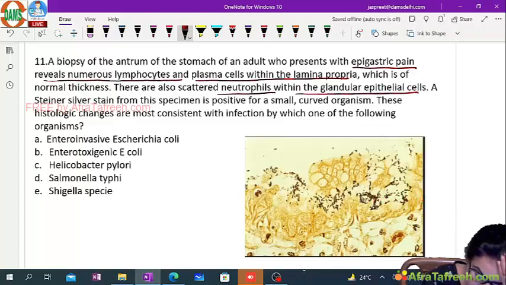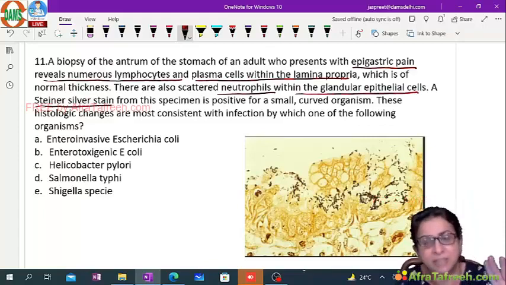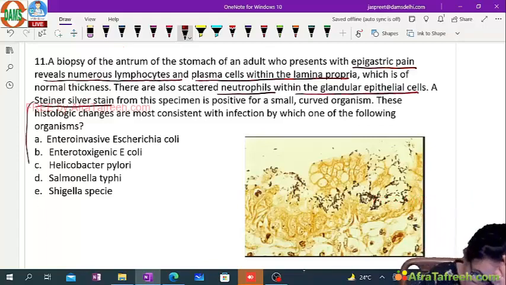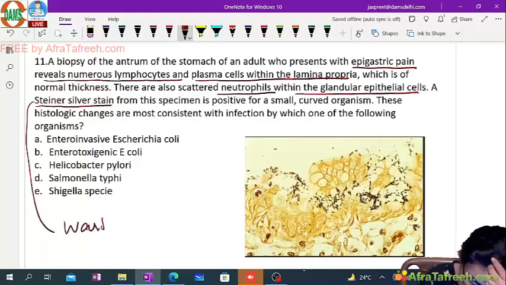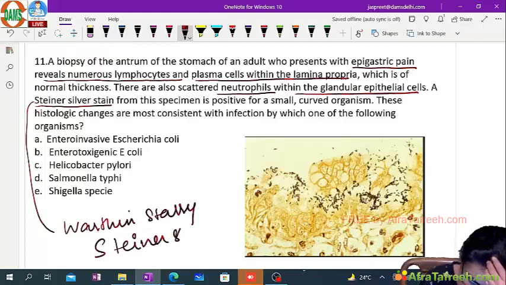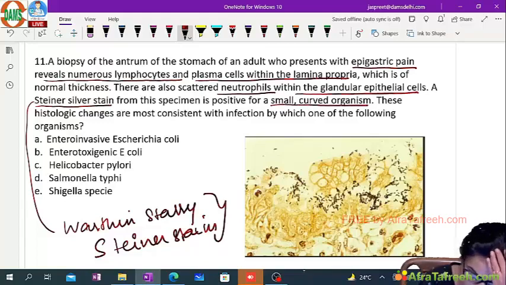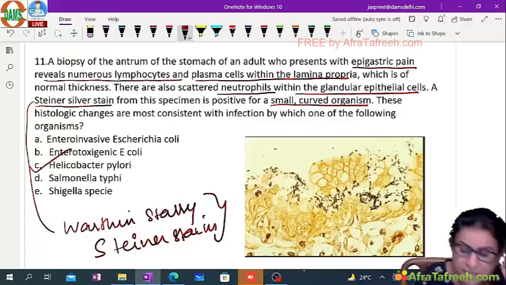A Steiner silver stain of the specimen is positive for small curved organisms. So Steiner or Warthin-Starry, both these are silver stains. These histological changes are most consistent with infection with which of the following? So answer here is C, that is H. pylori.